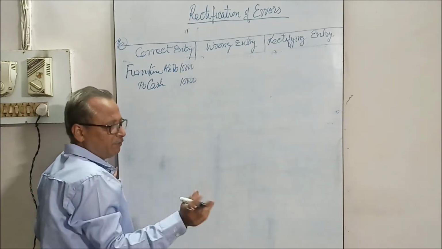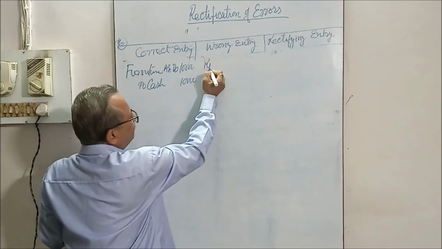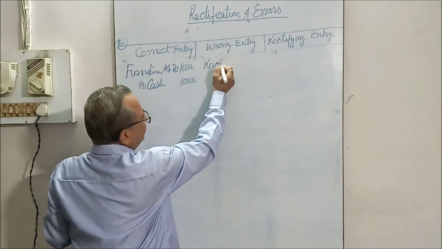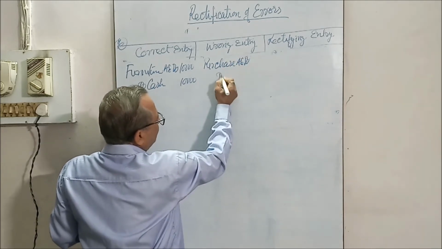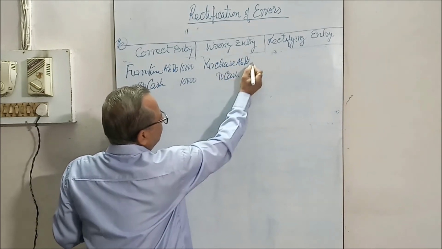It is an error of principle, but it is posted as purchase account debit to cash 10,000.